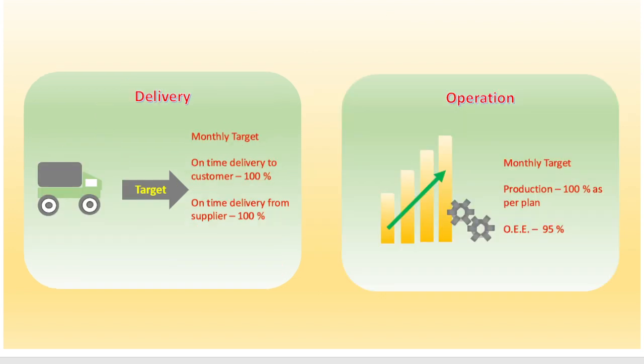Another example is objective related to delivery, that is 100% delivery as per timeline and as per schedule to the customer, and 100% on time delivery as per schedule from suppliers. For operations, production as per target or as per plan, 100% as per plan, and OEE 95%.